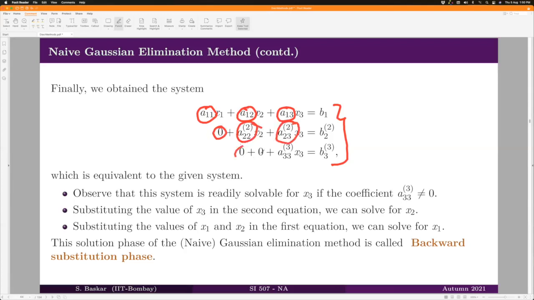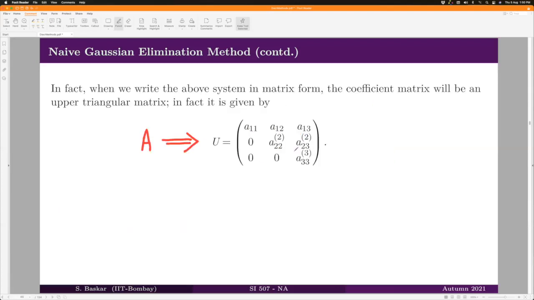You can see it very easily. And that I'm just showing it here as U. So Ax equal to b is equivalently written, in the sense that the solution of one system is going to be the same as the solution of the other system.